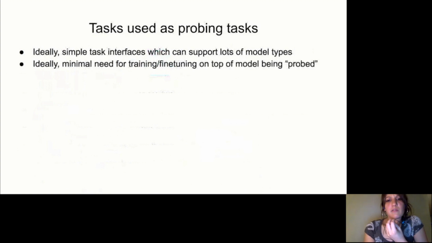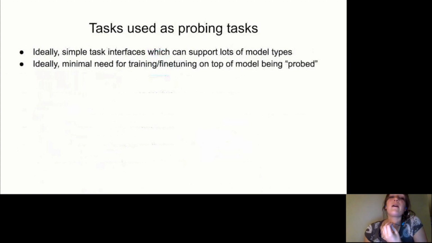Another one, again, since we're focusing on neural models in this tutorial, is that the issue of pre-training and fine-tuning is relevant, and there's a desire to have probing tasks that require minimal additional training, because otherwise you run the risk of models overfitting the probing set, or you have to deal with all of the issues of how much training data they get on the probing task, and what distribution and type of data they get.